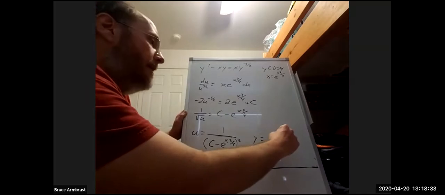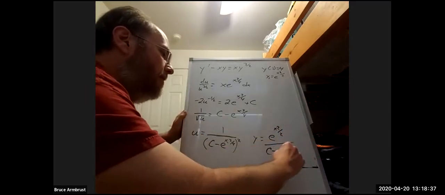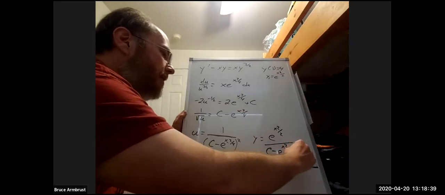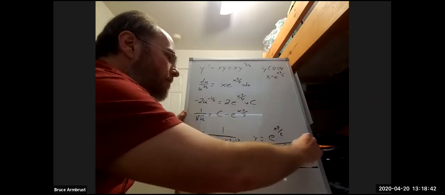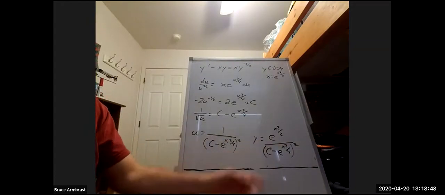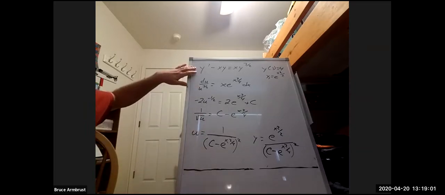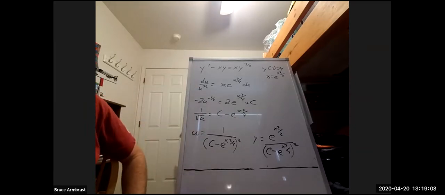So we're going to get e to the x squared over 2 over c minus e to the x squared over 4, squared. Isn't that pretty? Nice, pretty little function. It's not pretty, but we know that it's the one that, if we go back to this differential equation, satisfies it. Anything of this form.